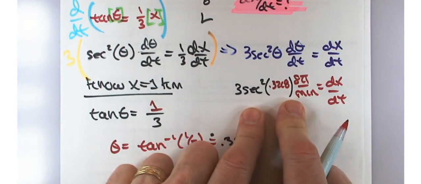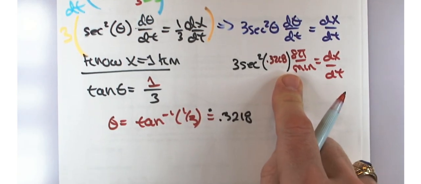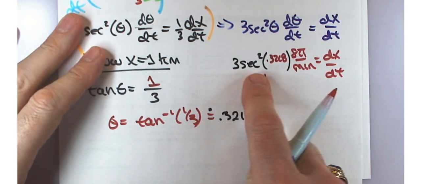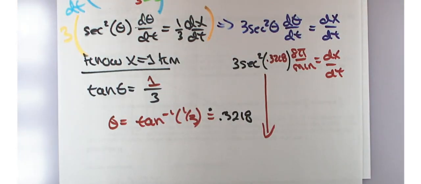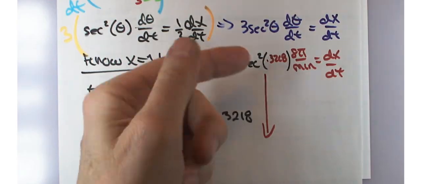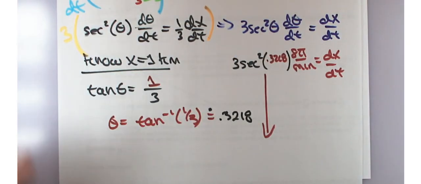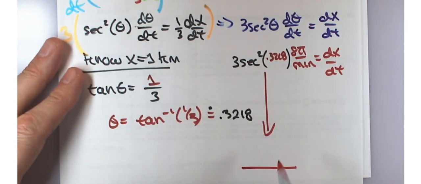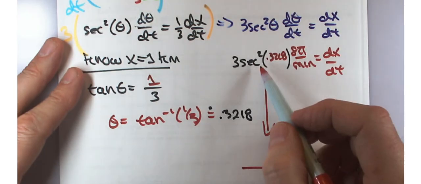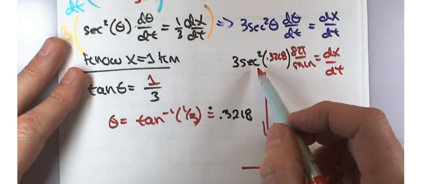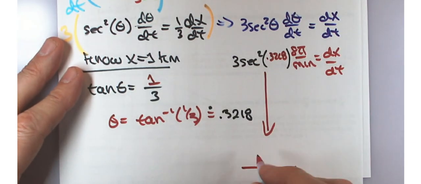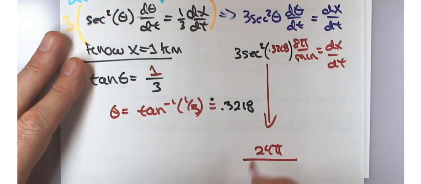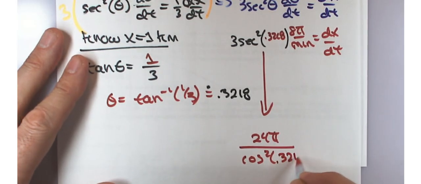Now, if you're going to get a decimal value out of this, it's going to take a little bit of thought. Your calculator does not have a secant squared button, nor is the way to calculate that the inverse cosine. What do I have to do to calculate secant squared on my calculator? 1 over sine. Close. Try again. 1 over cosine squared. Yeah. So 3 times 8 is 24 pi, and then you're going to have to do cosine squared in the denominator, 0.3218.